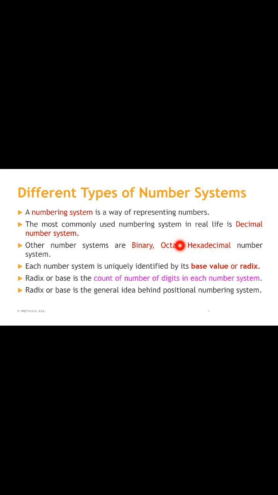All these number systems can be uniquely identified by their base value or radix. In each number system the count of the digits in them is known as the base value or the radix. This base value or radix is the general idea behind the positional numbering system.